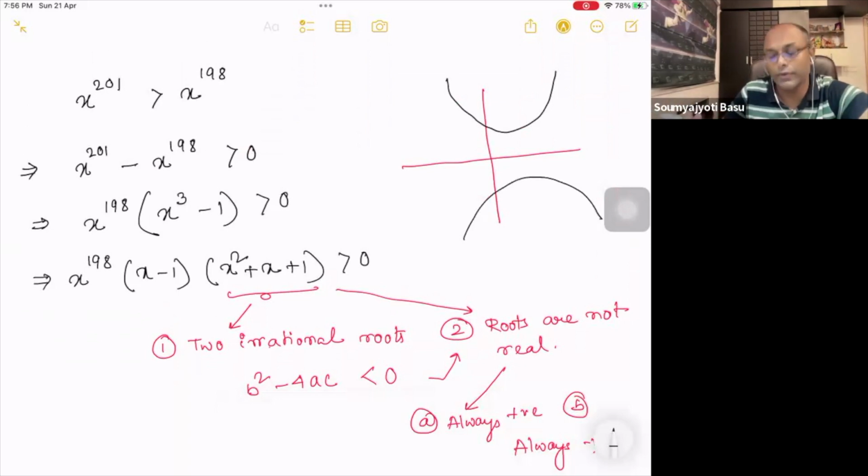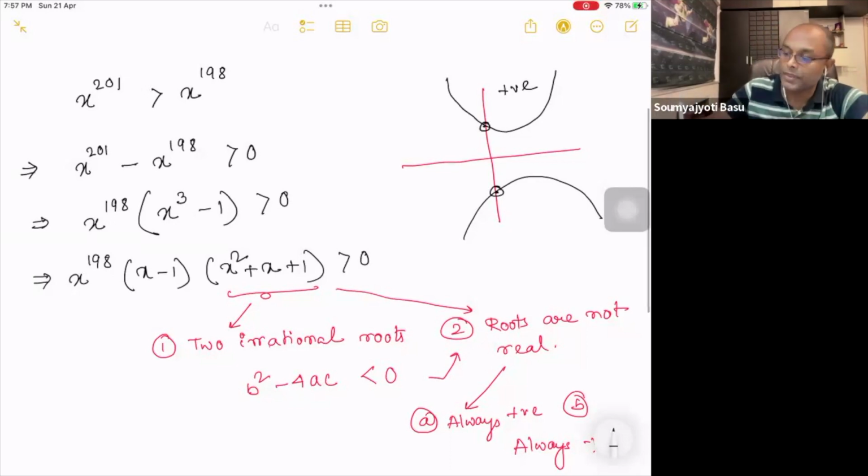How do you find out whether this is always positive or always negative? Just verify by putting x equal to 0. Basically, find out whether this is the point where the curve cuts the y-axis or this is the point. If it's on the positive side, that means the function is always positive. This is the case of always positive. And this is the case of always negative.